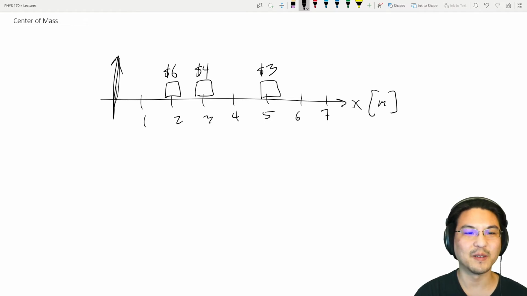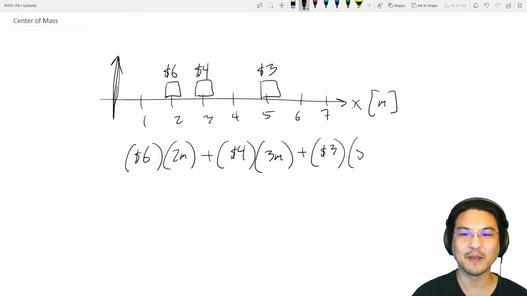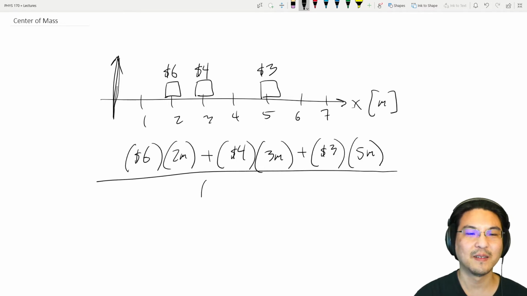So there's a $6 box at 2 meters, plus the $4 box at position 3 meters, plus a $3 box at position 5 meters, divided by 6 plus 4 plus $3.